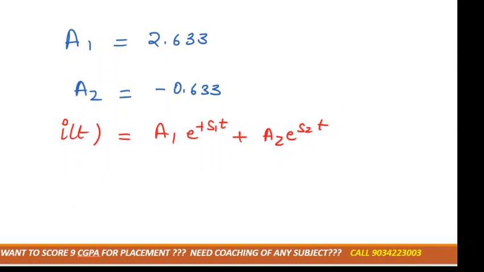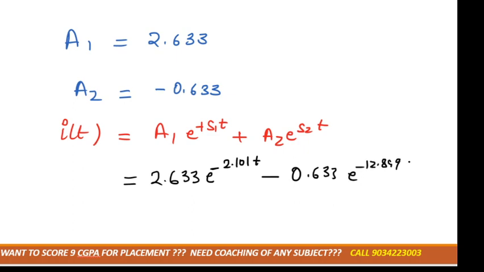So we got 2.633 e raised to power minus 3.101 t minus 0.633 e raised to power minus 12.899 t. This is what we got for the transient response. So this is our final answer for the current equation.